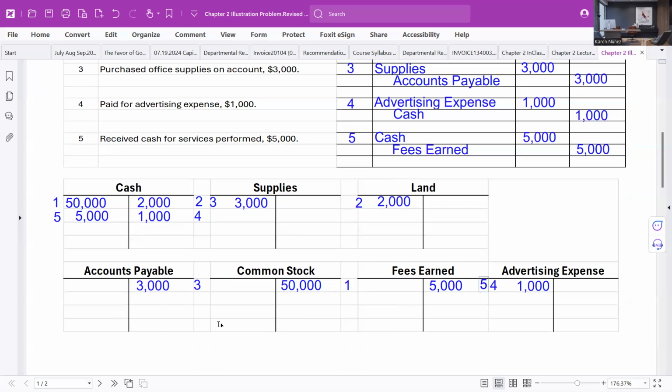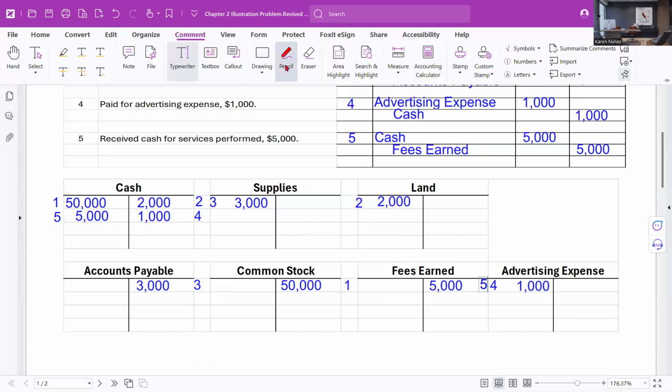Now, the last step here would really be to record what you would call the balances in the accounts. We want to know what the balances are in all of these accounts. So what we have here, let me see if I could use my pencil.